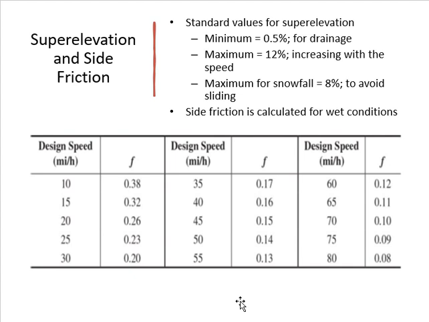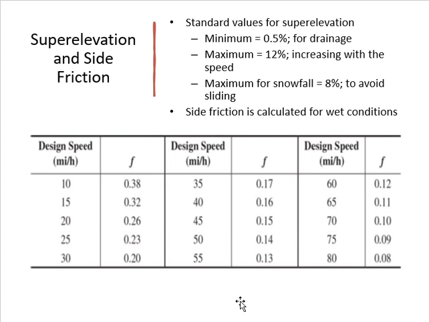We limit the super elevation up to 12% to avoid the other extreme: if you give too much slope towards the curve, the vehicle may roll or fall because of the slope. So that's why we have maximum values as well.